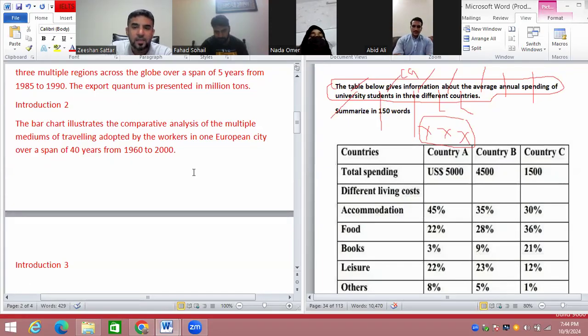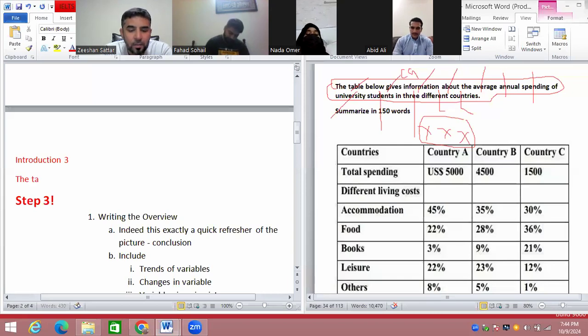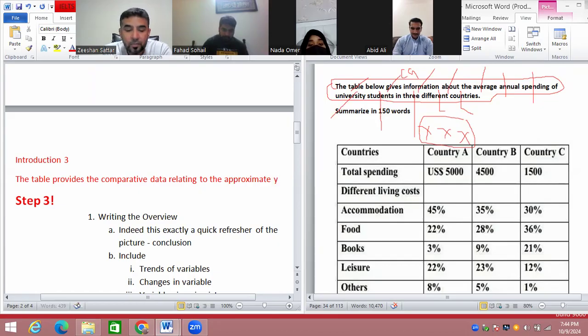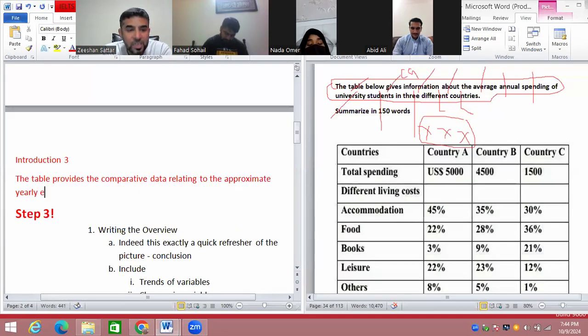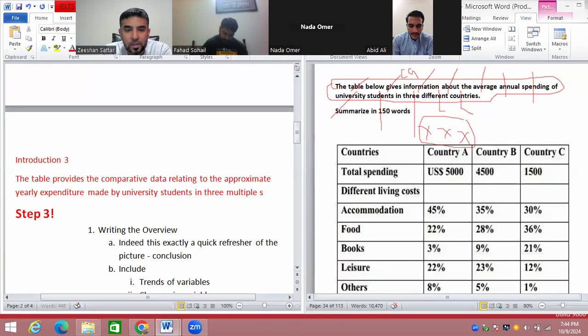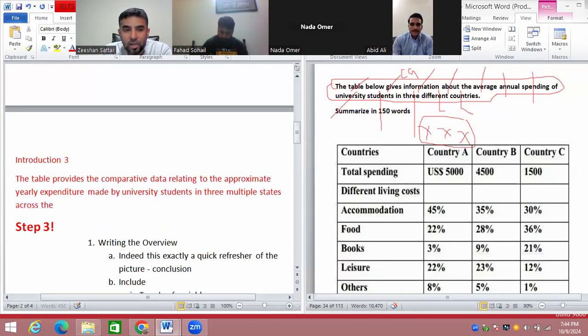Introduction 3. So now I'm going to write the introduction. The table provides the comparative data relating to the approximate yearly expenditures made by the university students in 3 multiple states across the globe.